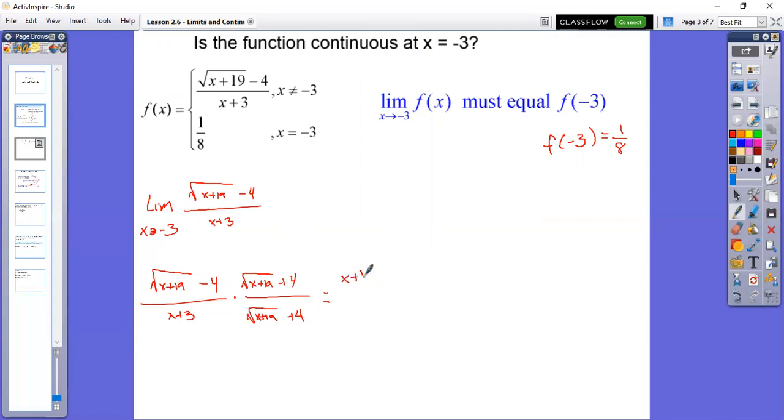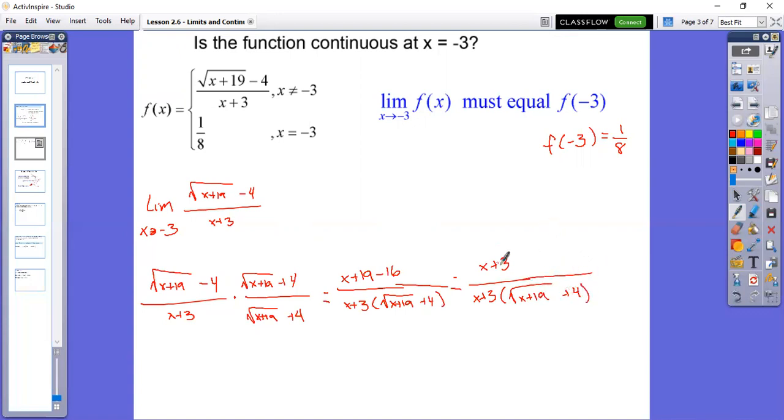So now this is x plus 19 minus 16 over x plus 3 times the square root of x plus 19 plus 4. What I notice here is that this x plus 19 minus 16 is now x plus 3 when I simplify, over x plus 3 times the square root of x plus 19 plus 4.